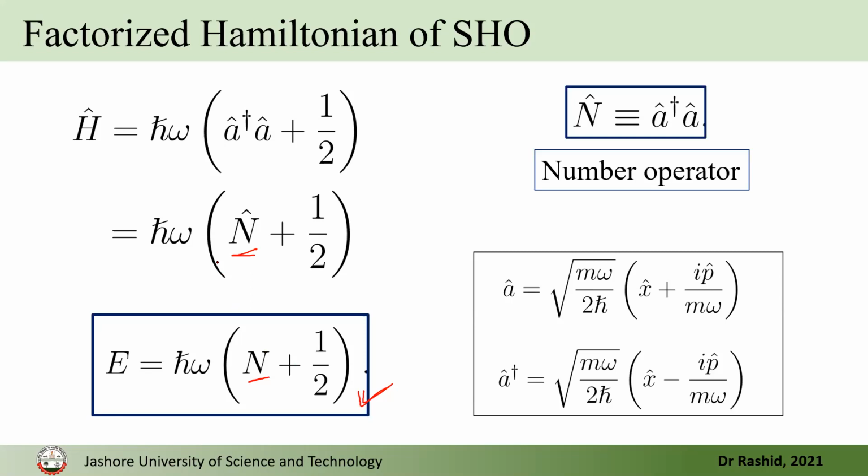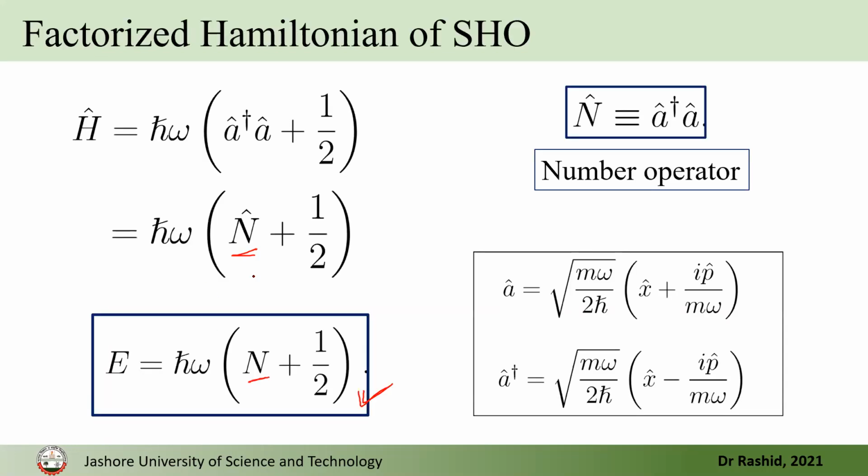That means that if we know the eigenvalue of the number operator, we immediately know the total energy, that is the eigenvalue of the Hamiltonian. So this even further simplifies our task. For any wave function, we only need to know what the number operator gives, that is, the eigenvalue of the number operator for that particular wave function. Once we get the eigenvalue, we get the energy.